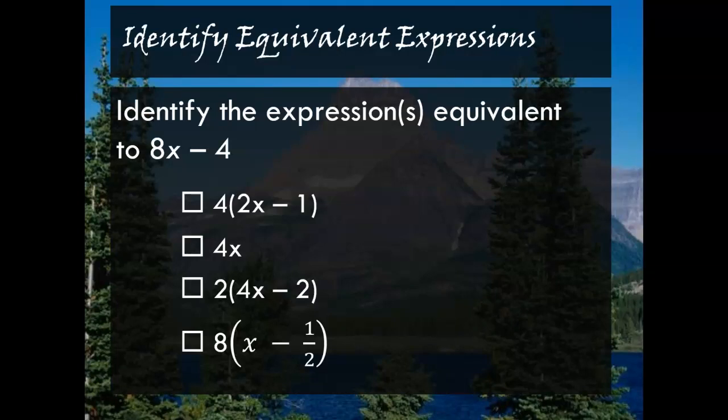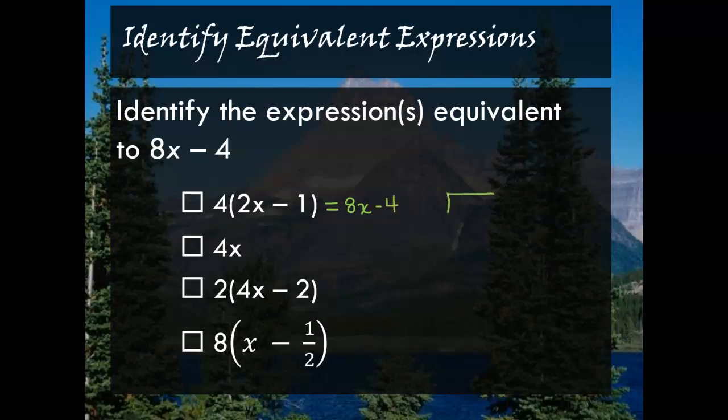We can either factor the original expression, or we could apply the distributive property to write equivalent expressions for our examples. In the first example, I could multiply 4 times 2x to get 8x, and 4 times 1 to get 4, and we can see that that is equivalent.